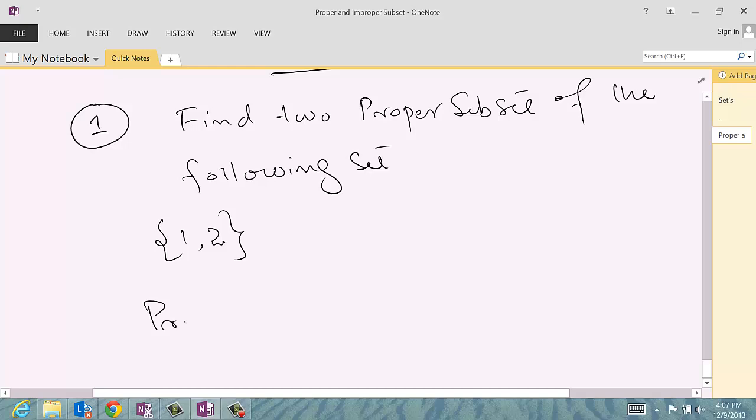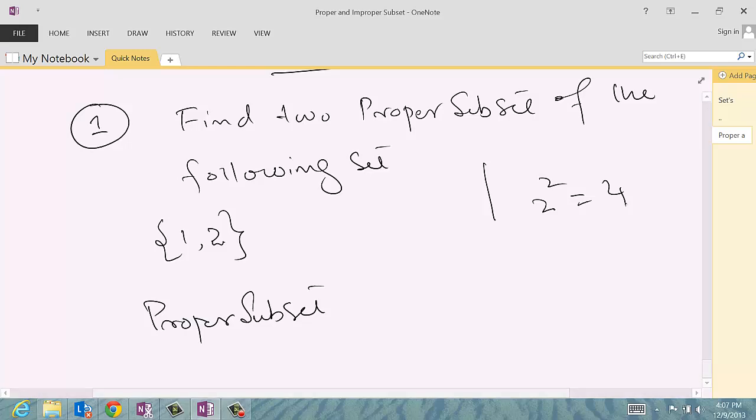So proper subset, how many subsets would there be anyways? If you remember that formula, 2 power 2, there are going to be 4 subsets, but one of them is going to be improper.